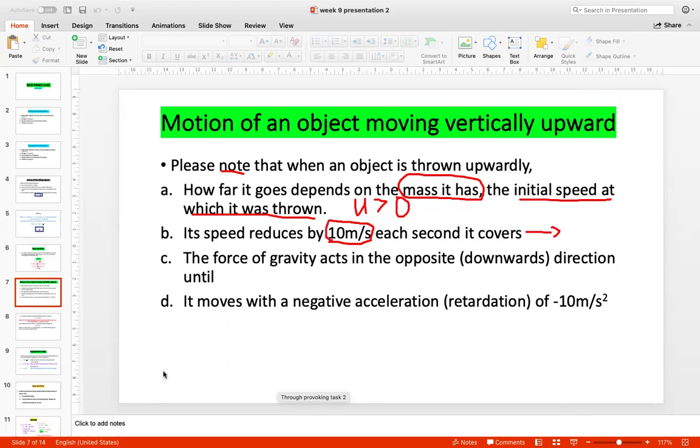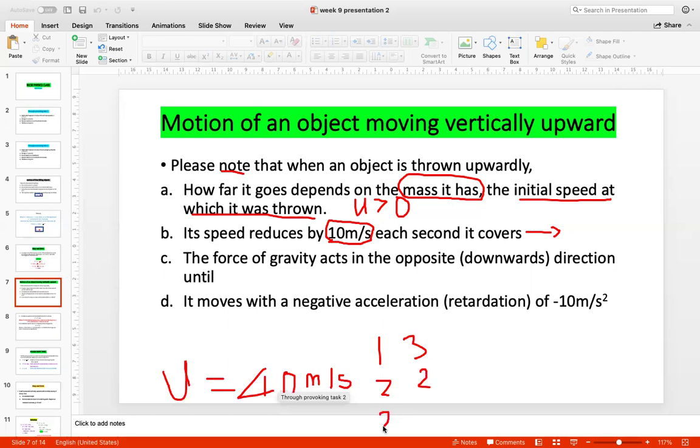So if you throw an object with an initial velocity of 40 meters per second, we expect this object to only go upwards for 4 seconds. Because each second that passes, we subtract 10 from 40, you have 30. The second second, you subtract, you have 20.